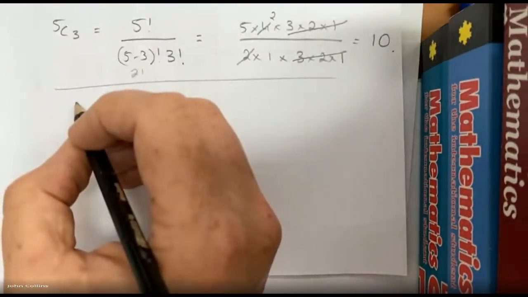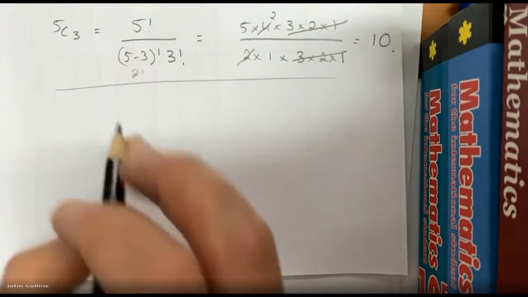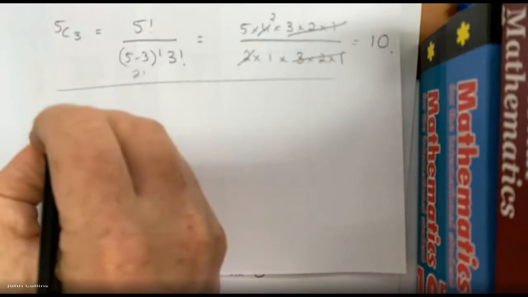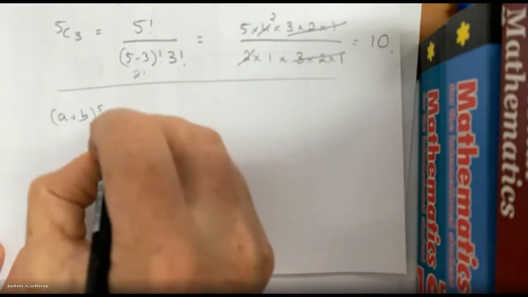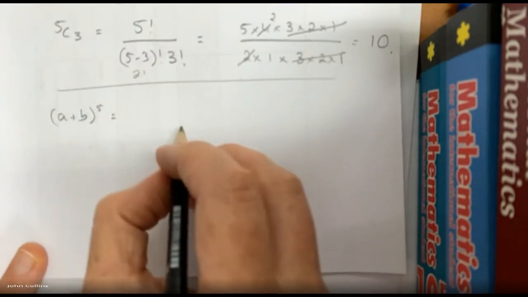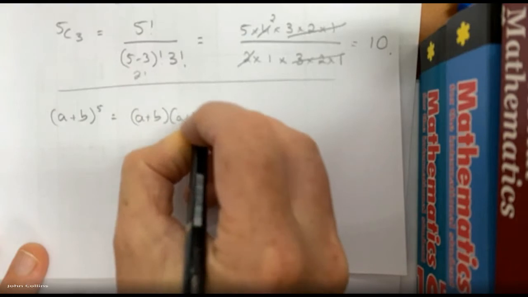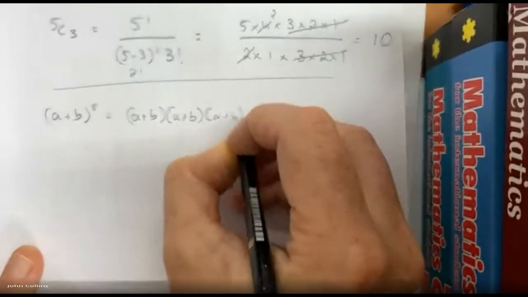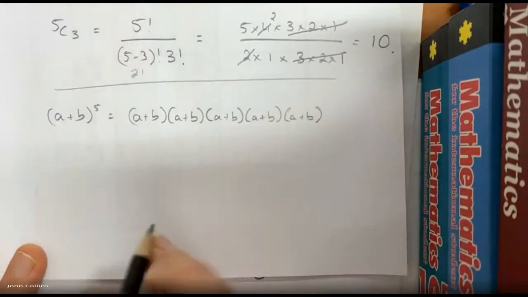An example of binomial theorem, just in case you've forgotten. Let's look at a general one. So a plus b to the power of 5. If you want, you can always solve this by actually multiplying out a plus b 5 times and gathering all the like terms.